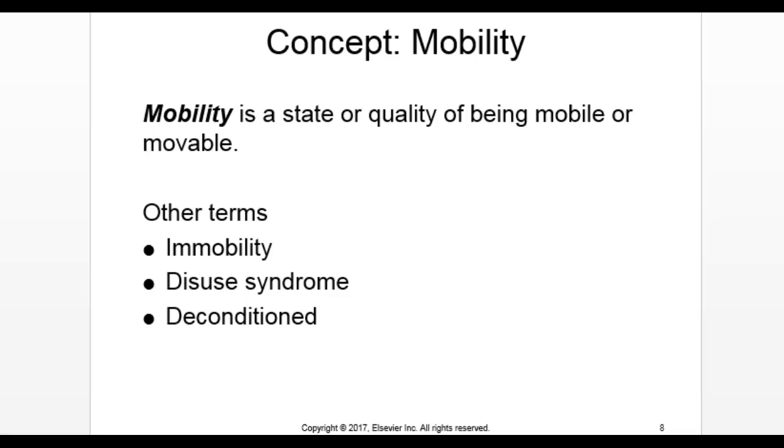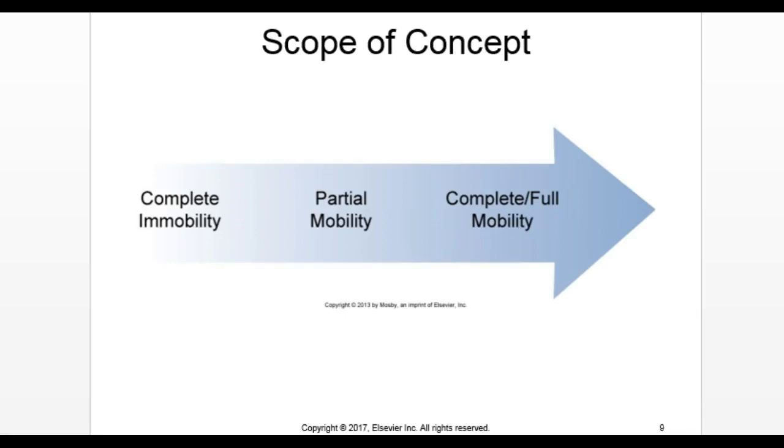There are some other terms under the umbrella of mobility concepts. So immobility is the inability to move. Disuse syndrome. If you don't use it, you lose it. When you think about mobility, you have to consider muscles, bones, and joints, and the ability of all of them to move. Think of the elderly person who has arthritis.